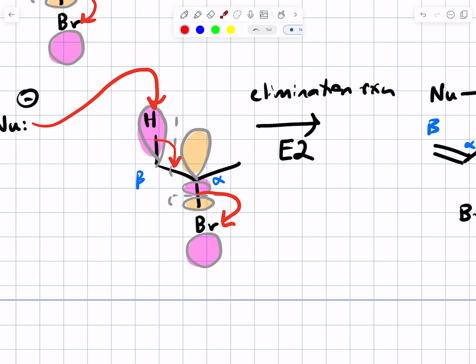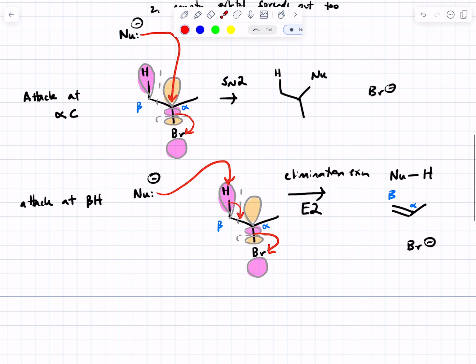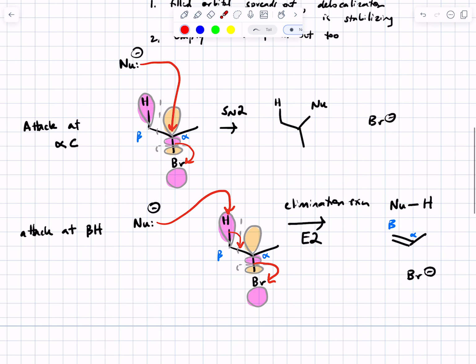All right. So questions about that, why it happens, what's going on? Yeah? Isn't it technically more energy to do E2 than SN2? No, in the sense that the LUMO is on both atoms. It's just in both places at once.